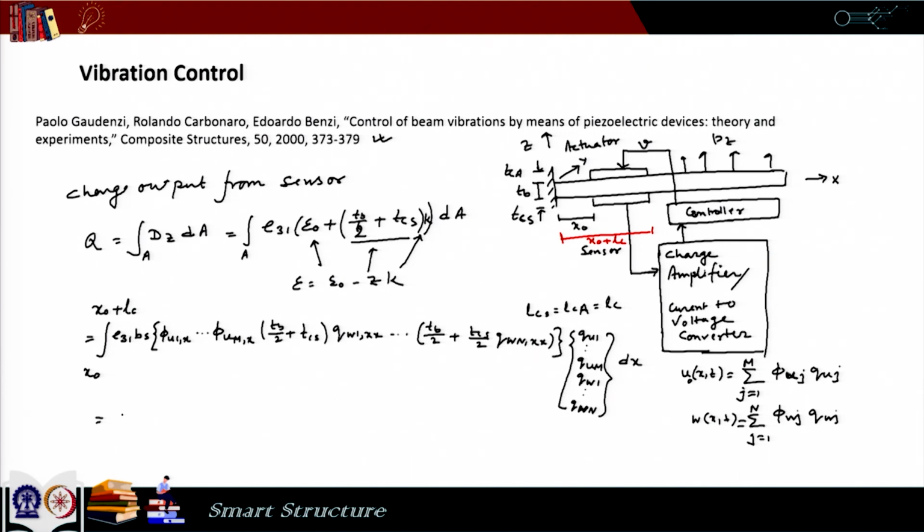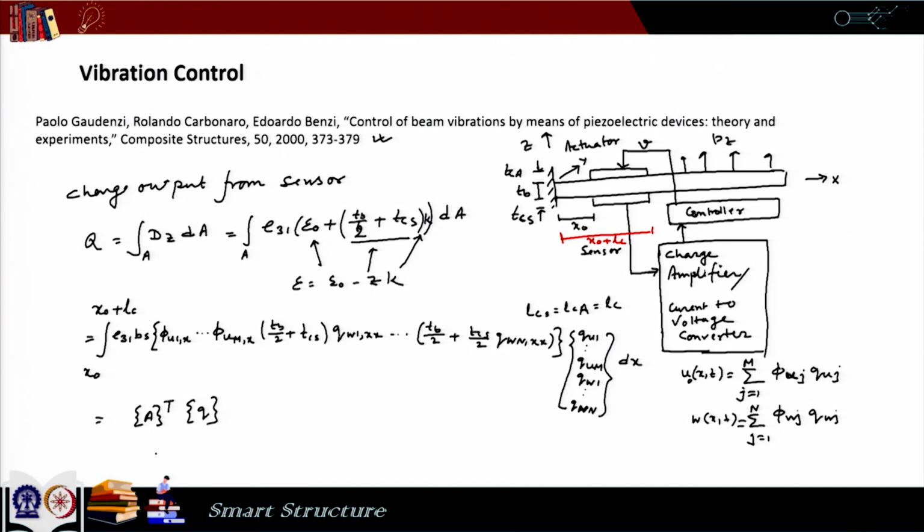Now, we can write this entire expression as A transpose multiplied by q. Q is this column vector and A transpose is this vector multiplied by Bs into E31 and integrated from x0 to x0 plus Lc.